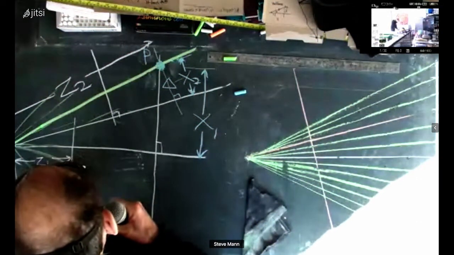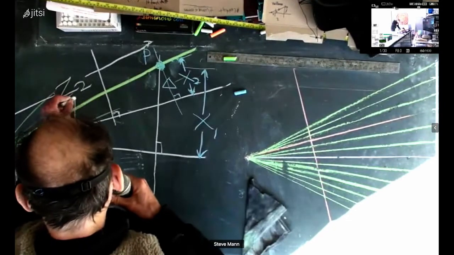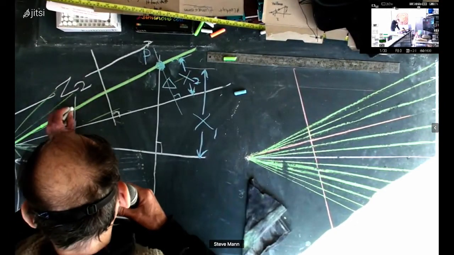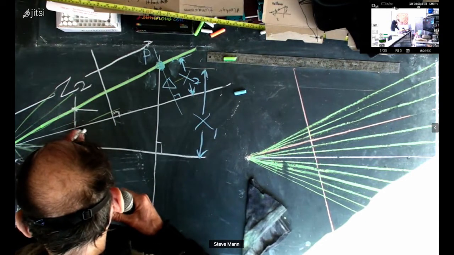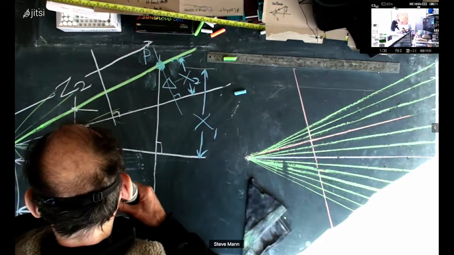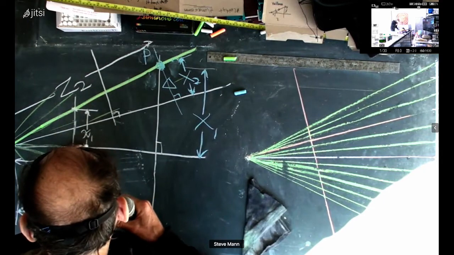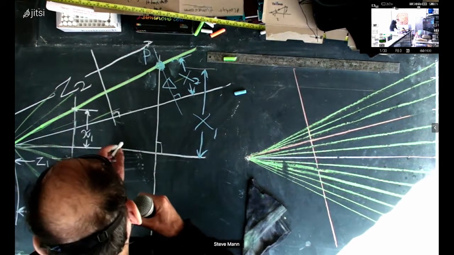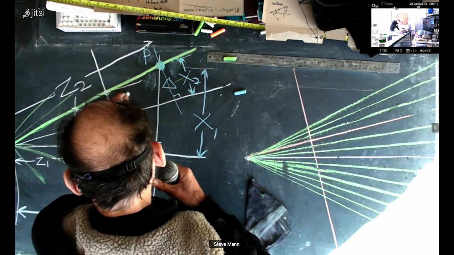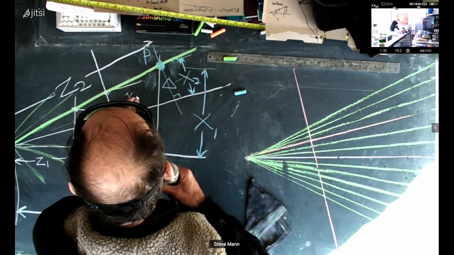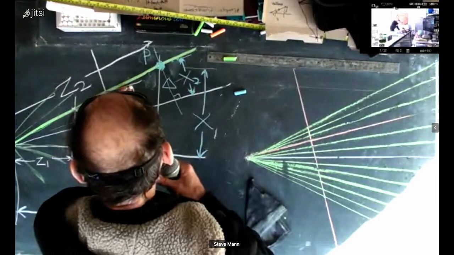And so you can see here that this is going to be X, little x1 is going to be here. And then you can see little x2 is this distance here.